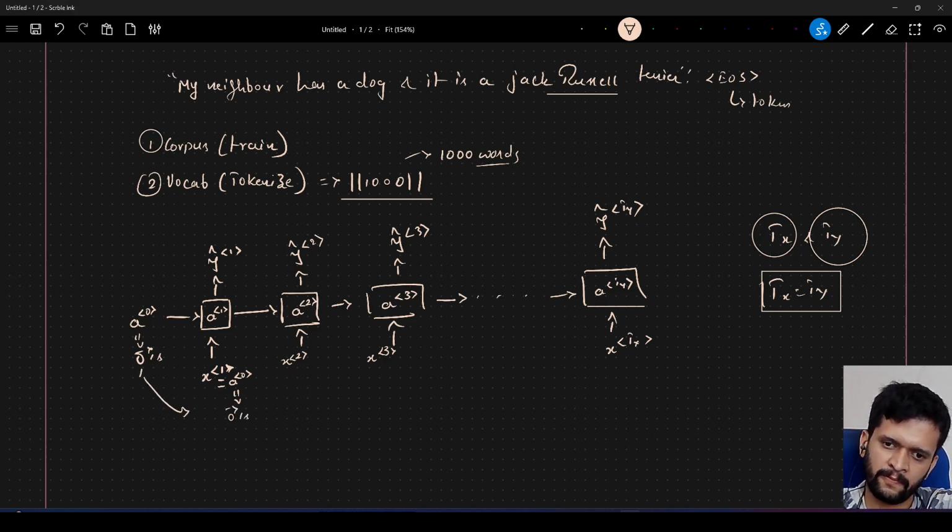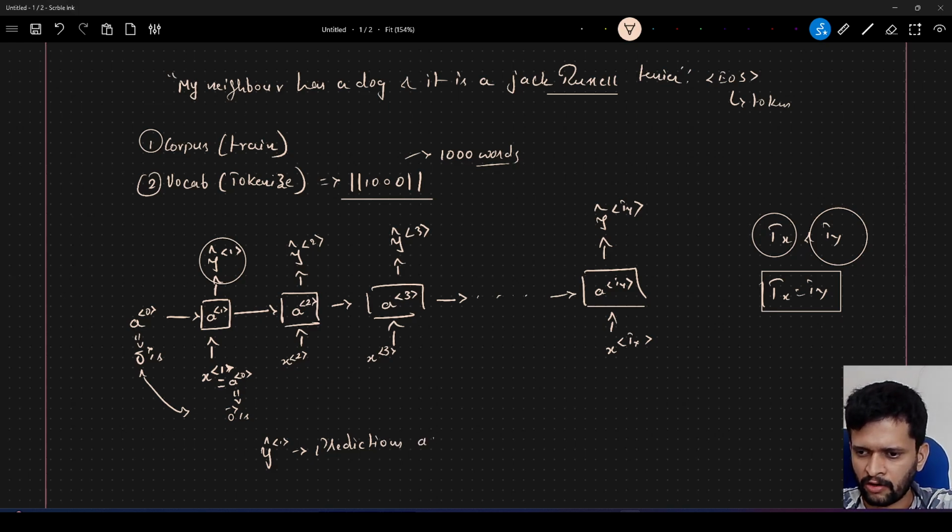So I'm feeding x1 equal to a0 as an input into this RNN unit, and I'm getting some predictions. What is this y hat of 1? These are the predictions across my vocabulary, and my vocabulary is of size 1000, correct?